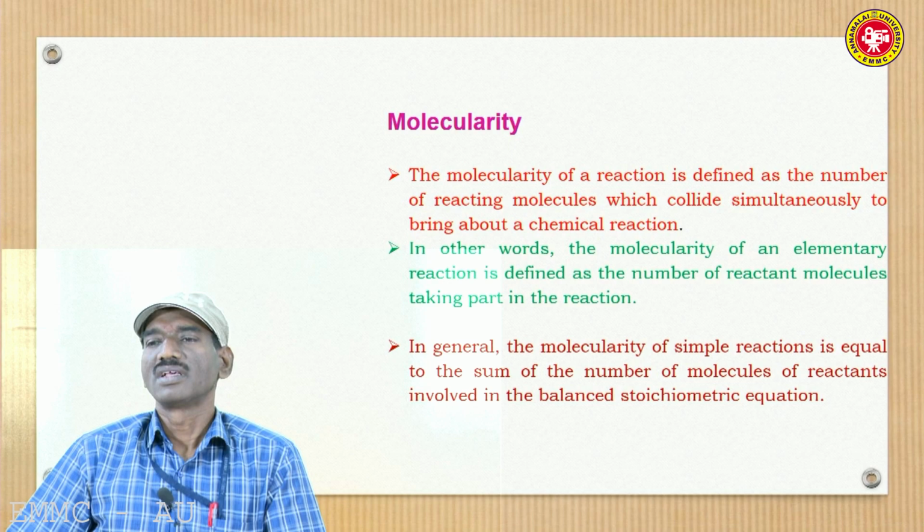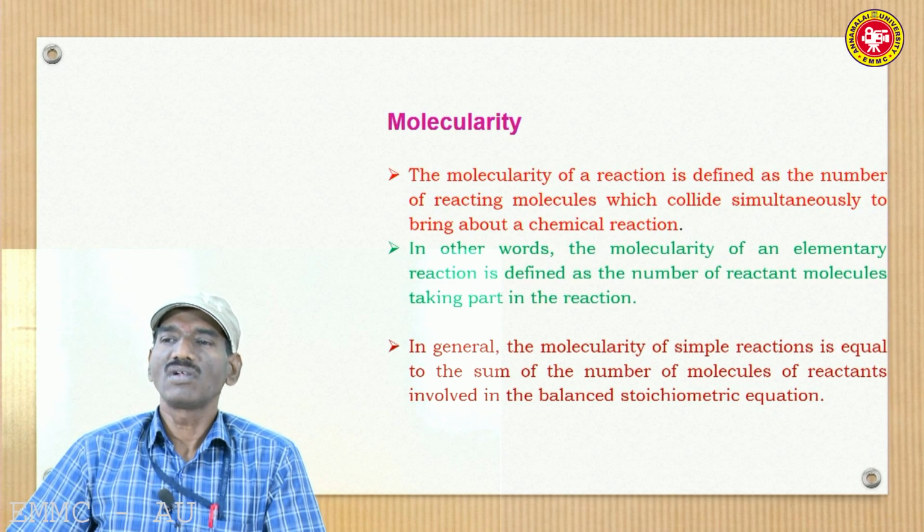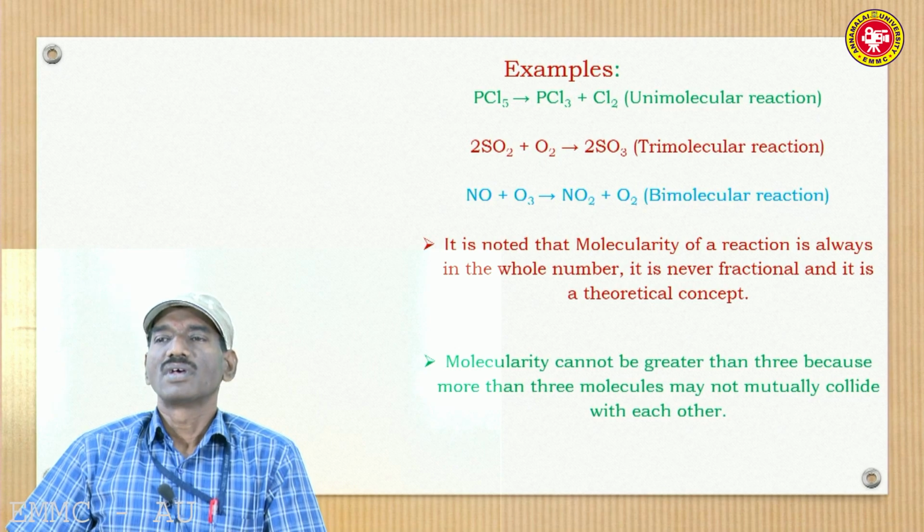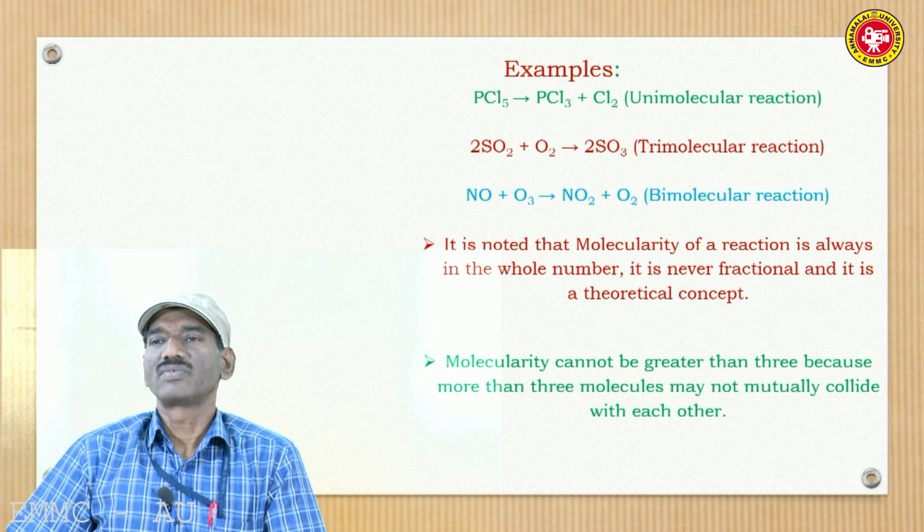In general, the molecularity of a simple reaction is equal to the sum of the number of molecules of reactants involved in the balanced stoichiometric equation. Example: decomposition of phosphorus pentachloride gives PCl3 plus Cl2. This is a unimolecular reaction.